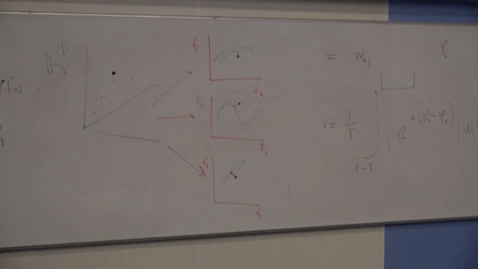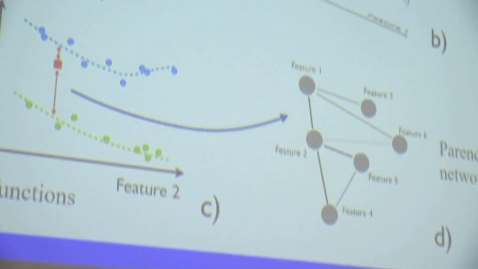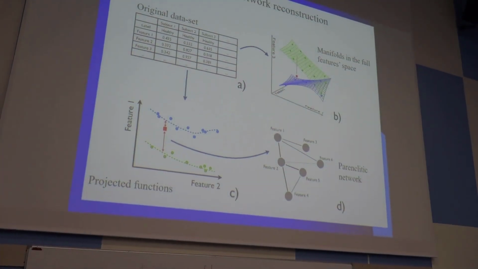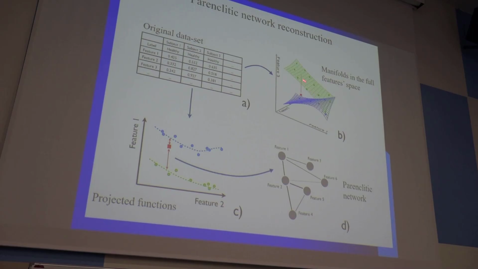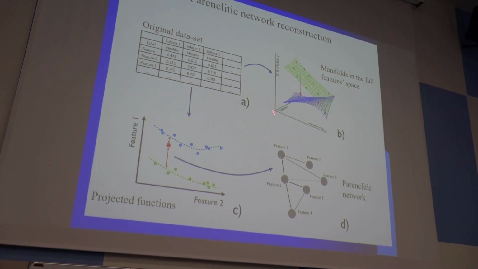This is the same as what I did on the whiteboard, made here. So I have many subjects. Each subject has many features. Each person corresponds to a group of points in the feature space. Here you see you have two classes. One class is the green points, and another class is the blue points.